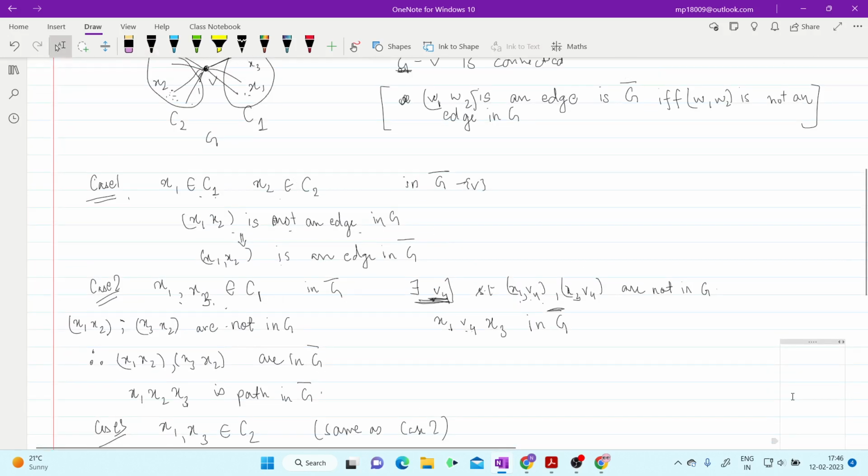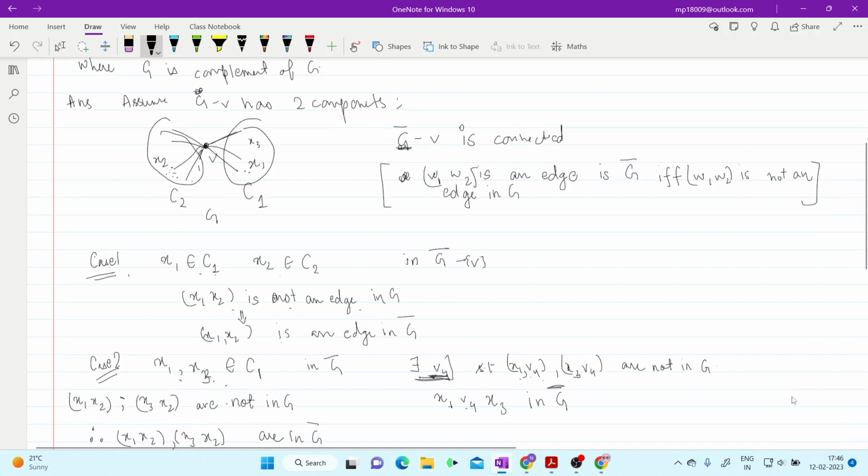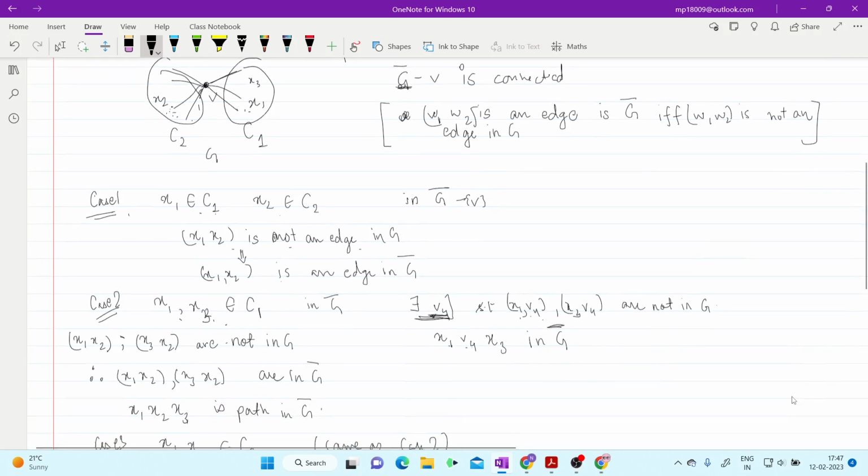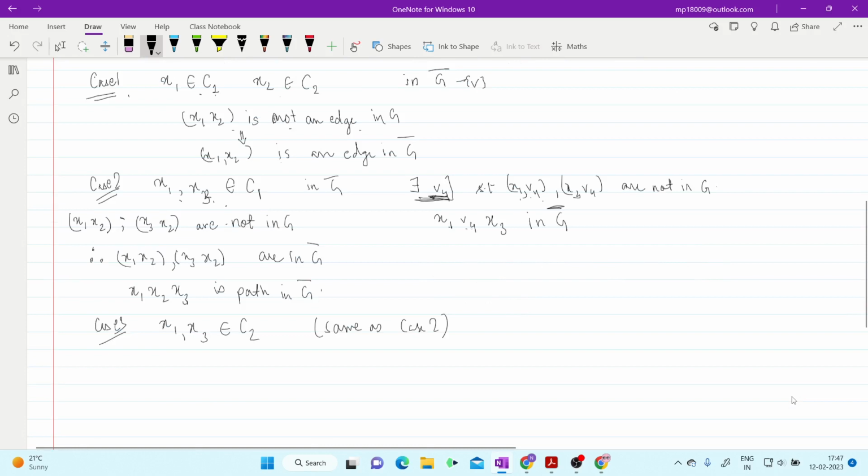So we see that if we pick any two vertices in graph G bar minus V, we can find a path. Therefore, we can conclude that G bar minus V is connected.